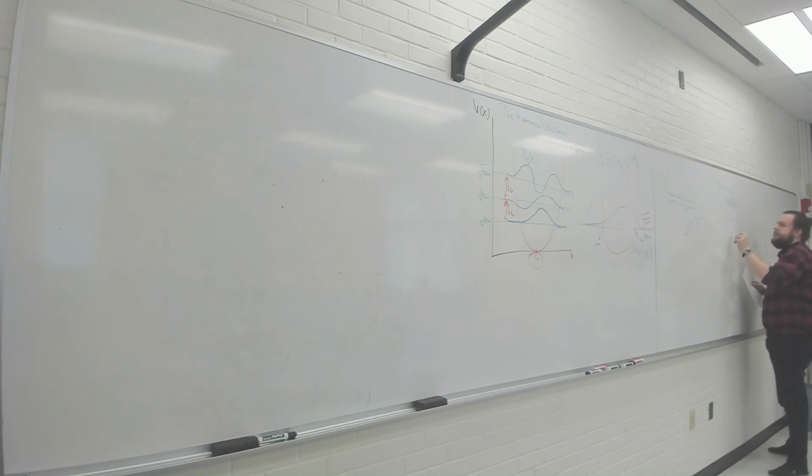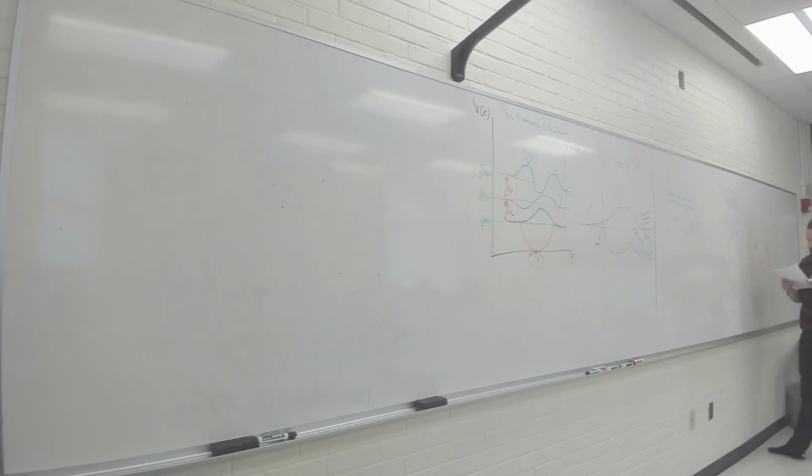So that's equal to plus or minus 2 times (nu plus 1/2) h bar times the square root of k over mu, divided by k. We get a lot of radicals here.